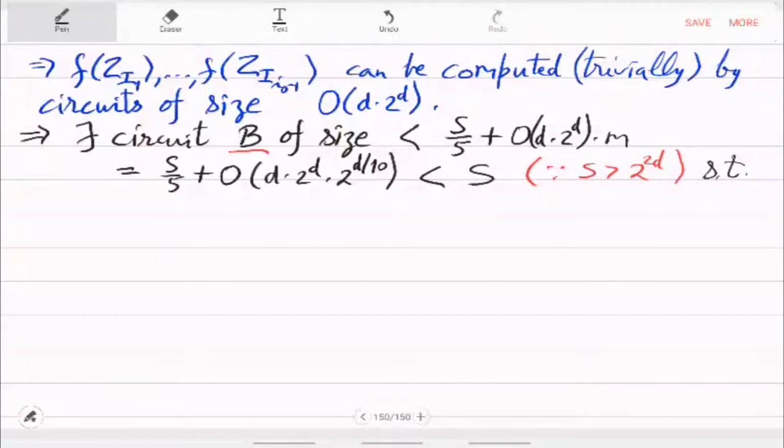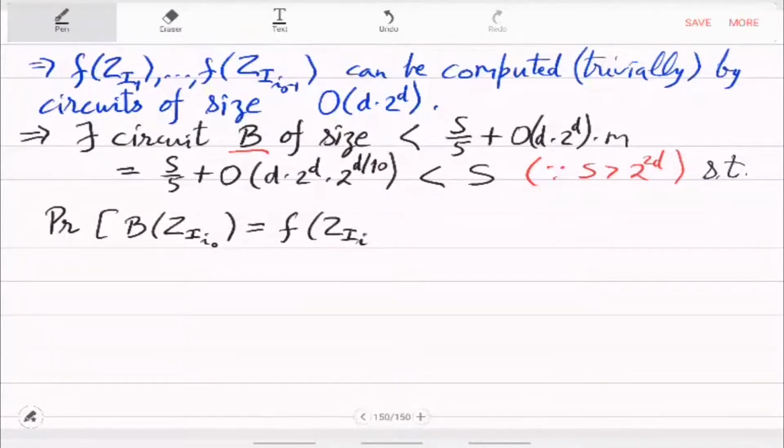And how good is B computing f? So, the probability of B on Z I0 being equal to f at Z I0, on the inputs Z I0. How big is this set I? This is an n sized subset, right.